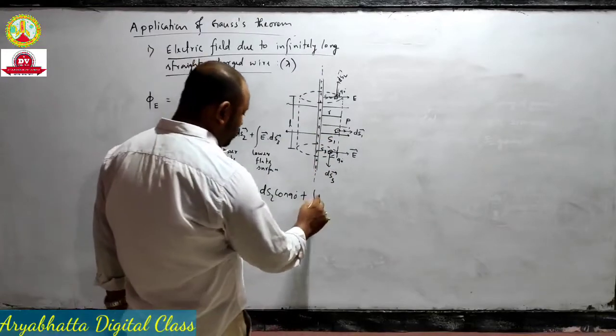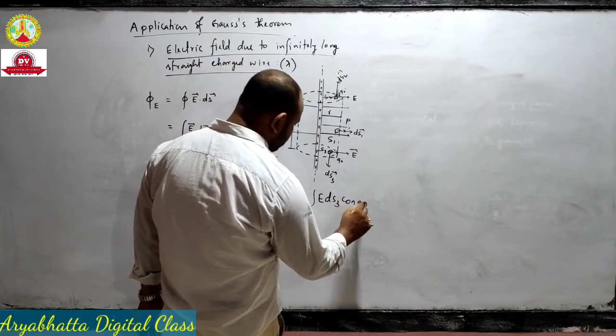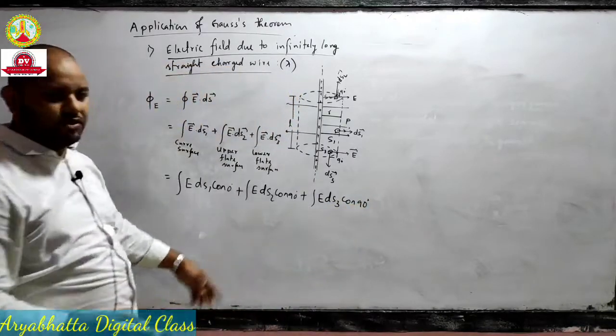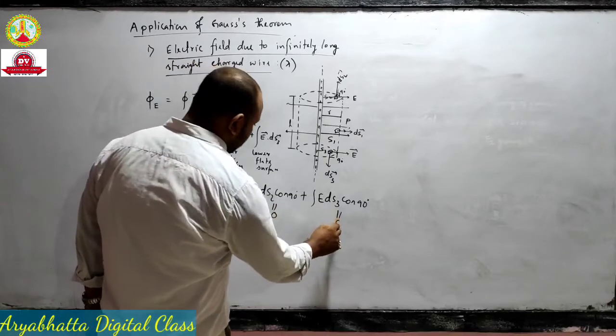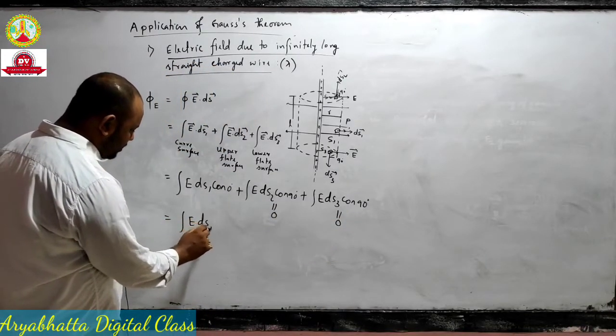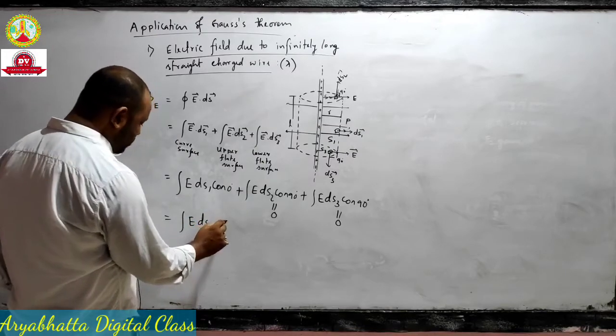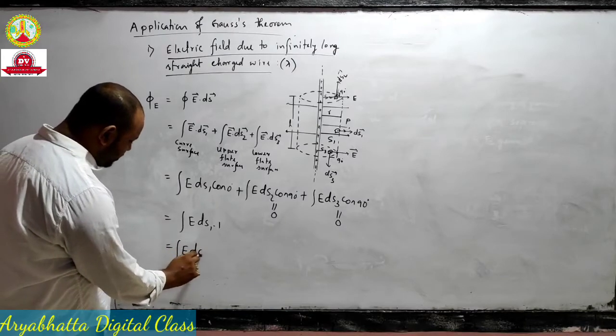That is why it is E ds3 cos 90 degree. The value of cos 90 will be 0. This term will be equal to 0 and this term will also be 0. So it will be integration E ds1. Cos 0 is equal to 1, so it is integration E ds1.